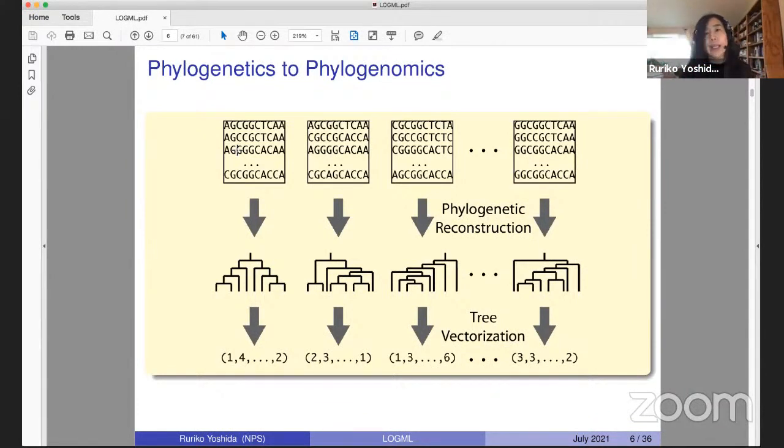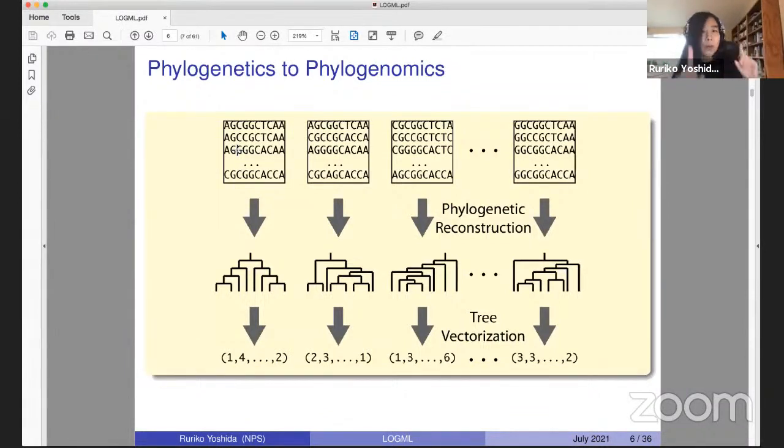I shouldn't say I don't care; I care a lot about reconstructing one phylogenetic tree, but many people are already doing this. So I care about developing statistical learning methods on a sample of phylogenetic trees.